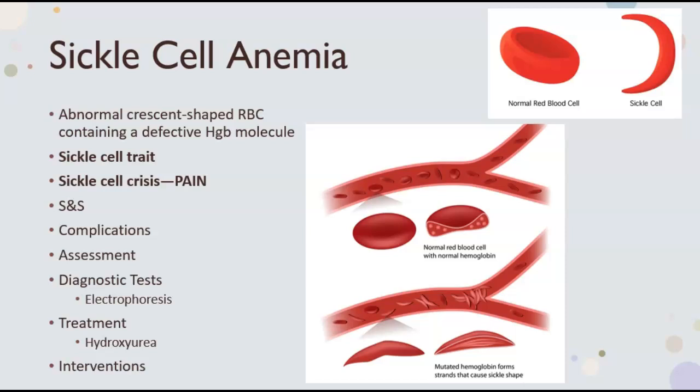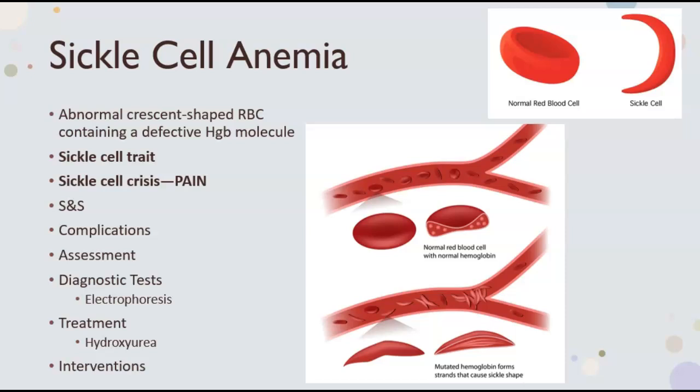So there is a thing called electrophoresis of hemoglobin. Basically, this is going to detect if the hemoglobin is a sickle cell. Their hemoglobin and hematocrit will be low. Their white blood cell count will be increased if the sickle cell crisis is associated with an infection. Skeletal x-rays will show bone deformity and flattening.